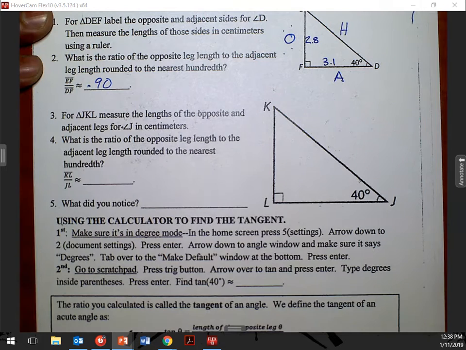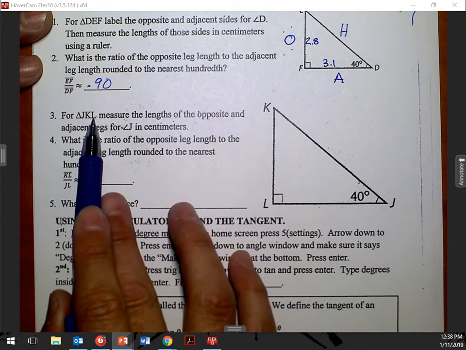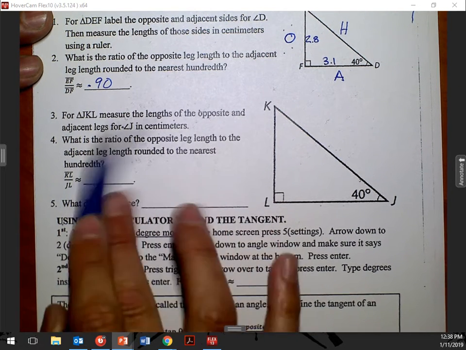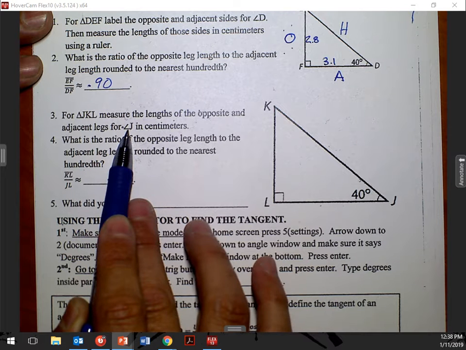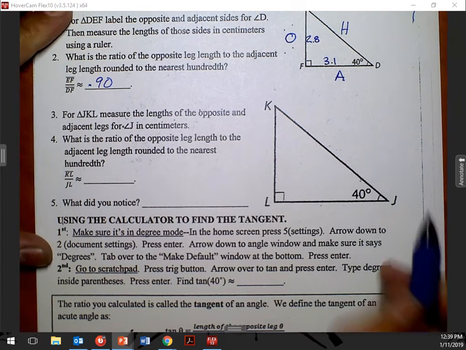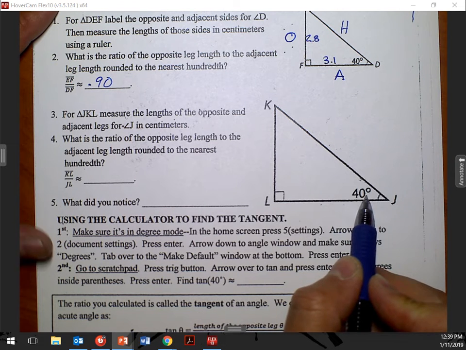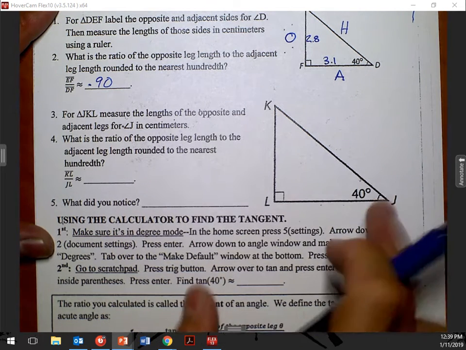Now, right here it says for triangle KLM, measure the lengths of the opposite and adjacent sides for angle J. All right, same thing. What is my reference angle here? J. So that's where I start off. In this one, the number is given to us.